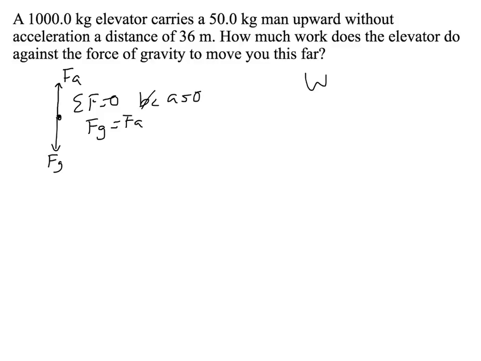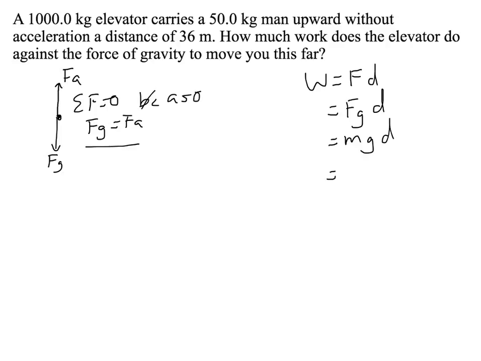Now our equation is work equals force times distance. The force in this case will be Fg, because Fg equals Fa, times distance. Fg is going to be mg times distance.